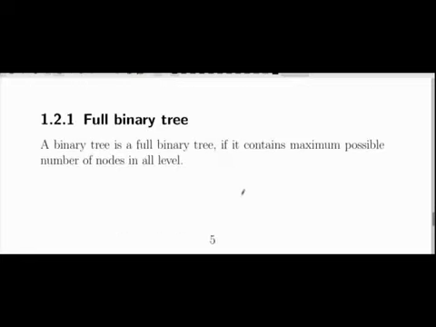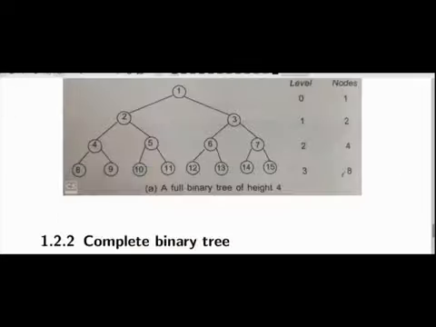Then there is a concept called full binary tree. It is a type of binary tree which is full. Full means it contains maximum possible number of nodes in all levels. So except the leaf nodes, all other levels are full, which means in the case of binary tree, all the levels except the one with leaf nodes will be having two children.